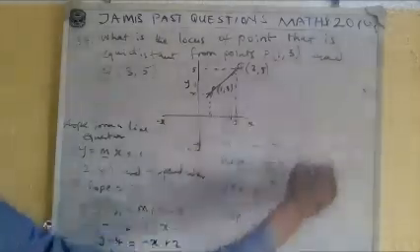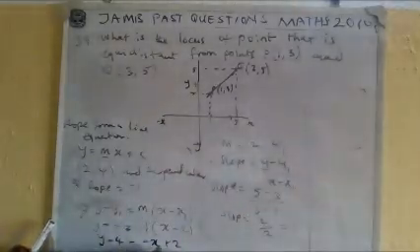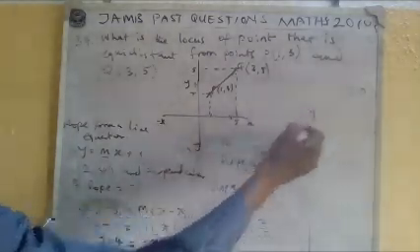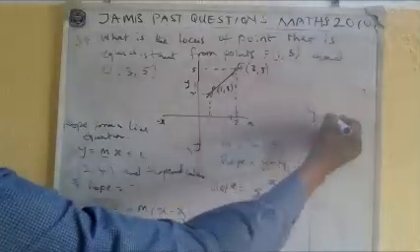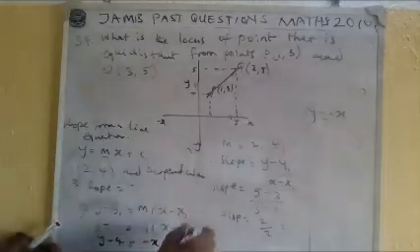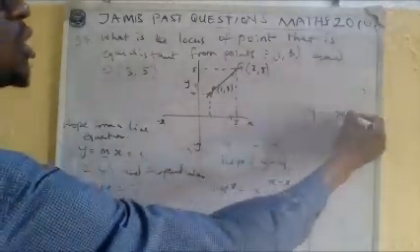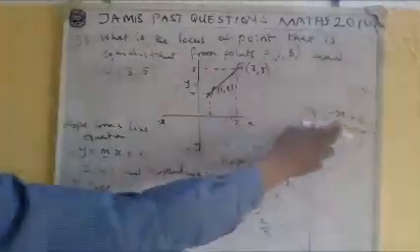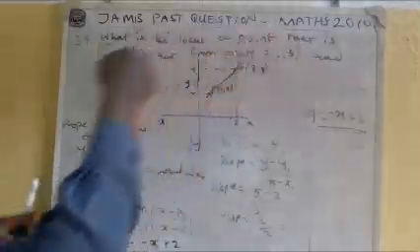Let me wrap up here. This is the equation I'm looking for, but I want to simplify it. So y will remain at this side, then minus x will be here. Then when 4 crosses, it becomes plus 6. So this equation is what satisfies that midpoint.